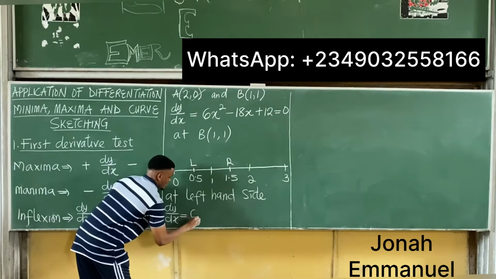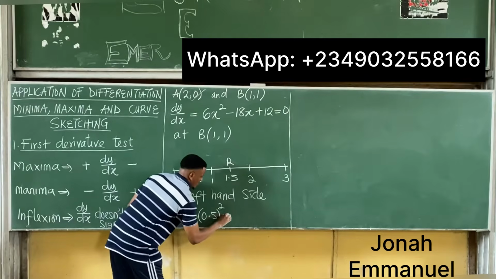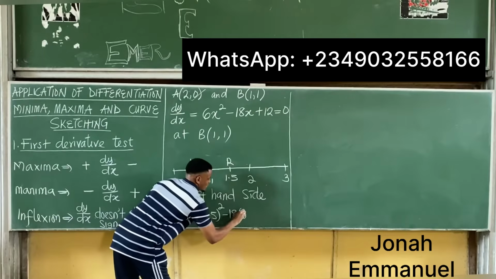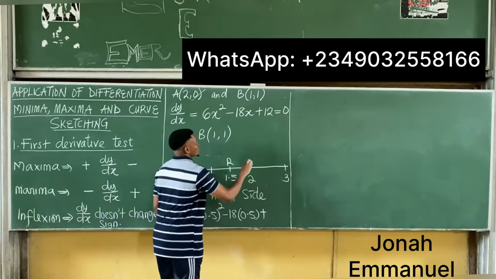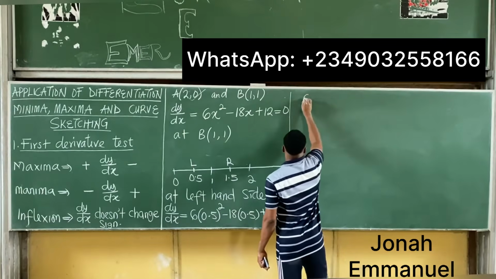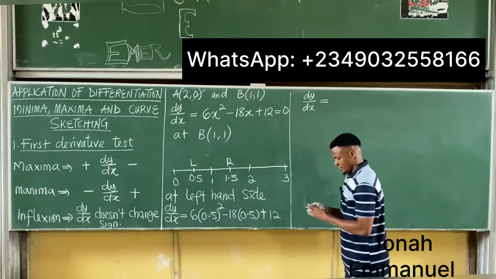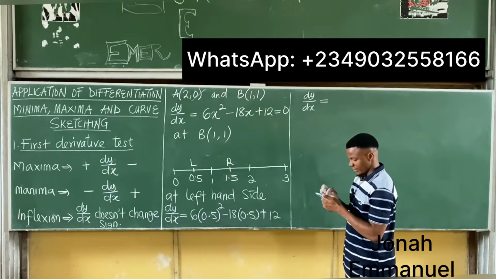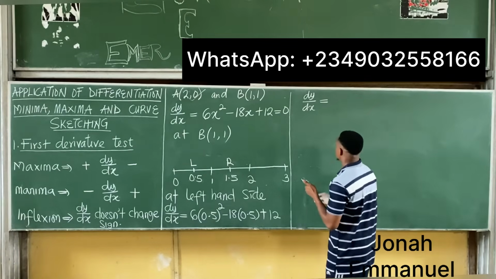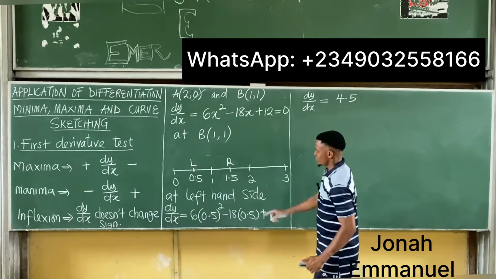So it becomes 6 into 0.5 squared minus 18 into 0.5 plus 12. Let's solve this. That gives me 4.5.